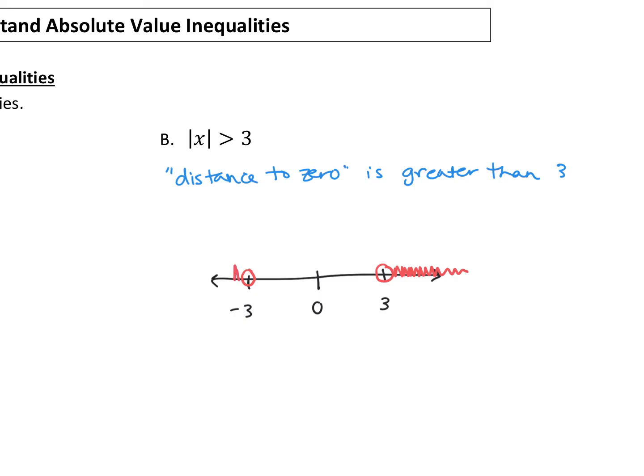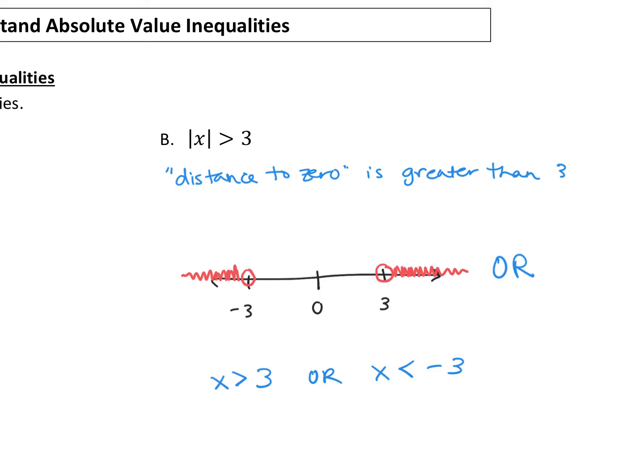So those distances are going to go that way, and what we notice is that this is turning into an or compound inequality. So how we're going to write this is we can go straight from here if we understand that if your distance has to get greater than 3, that turns into an or. You take your bars off, x is greater than 3, that's this side, or x is less than negative 3.